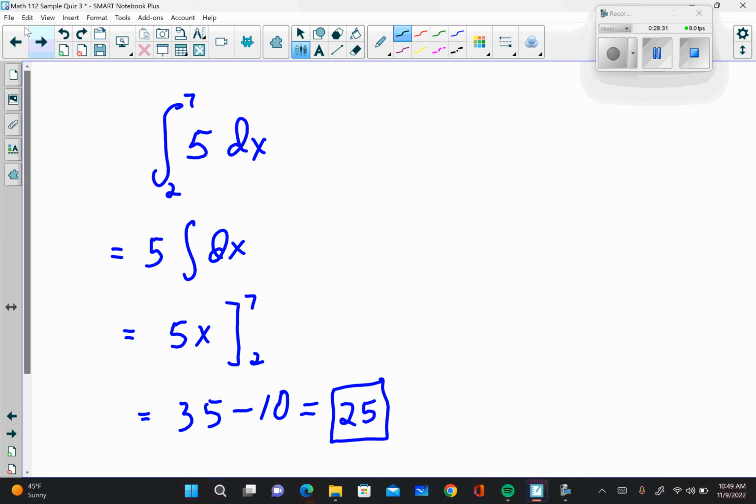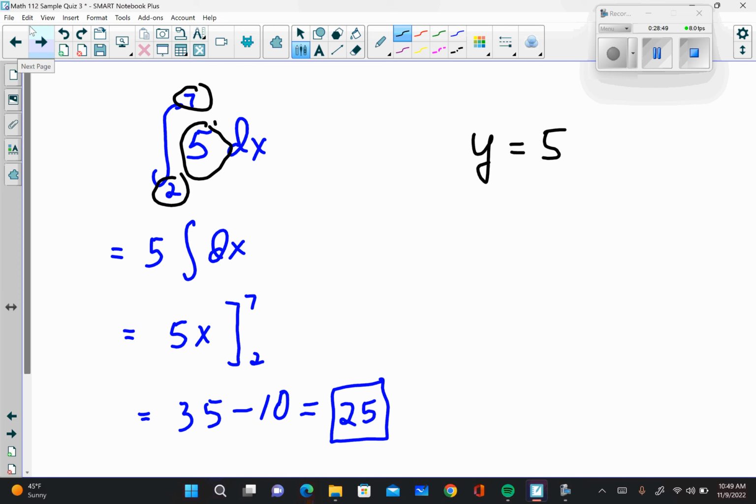And here's another practice problem that you can look at all the work, but I did put this up here to remind you that you can also get the answer to this by graphing y equals 5, and then finding the area between y equals 5 and the x-axis from x equals 2 to x equals 7.